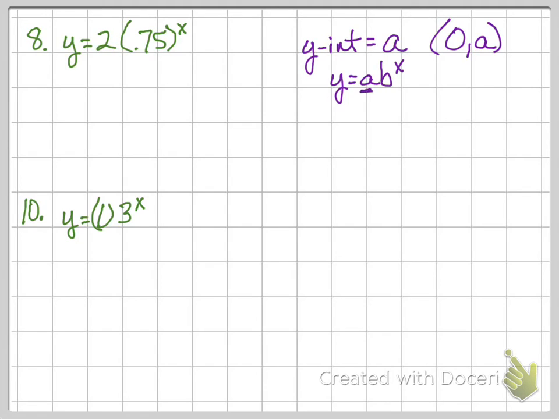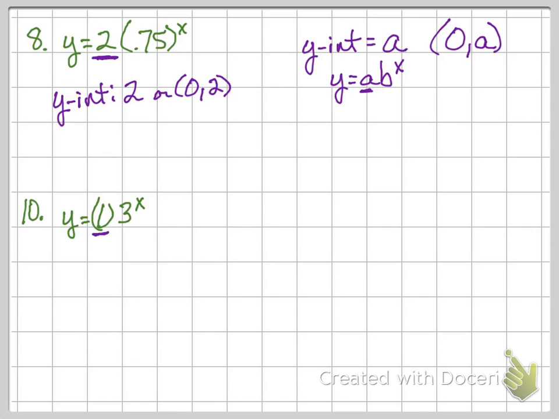So we're going to look at the a, right here in front of that. Now, y equals 2 times 0.75 to the x, and we're looking at the a. My a is 2. So my y-intercept is 2, or you could put it as (0, 2).